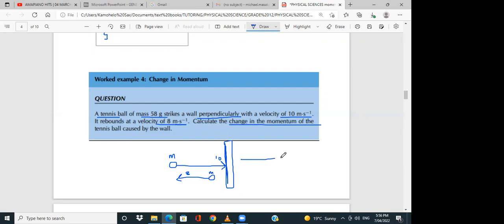Now we have to choose our direction. Positive will be towards the wall, and negative will be away from the wall. Towards the wall we had 10 meters per second, which is our positive 10 meters per second. Away from the wall, we have a negative 8 meters per second.